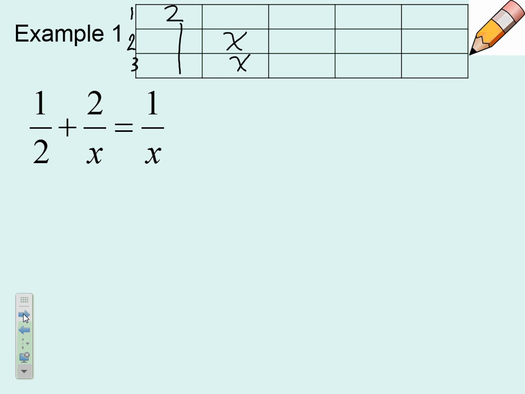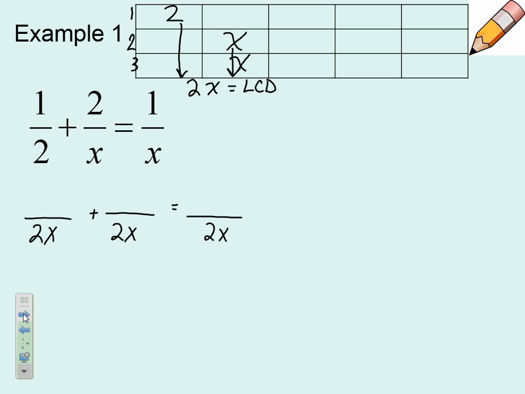So if I look down my rows and columns, I have a 2 and an x. So my least common denominator is 2x. That means that each of those fractions needs to have a 2 and an x as their least common denominator.